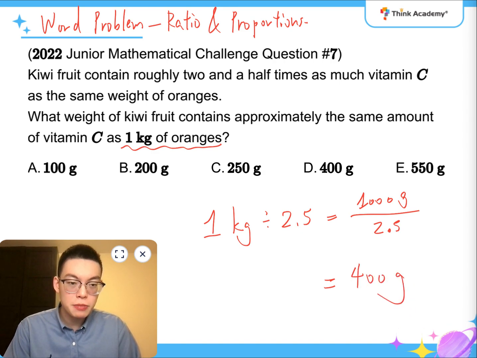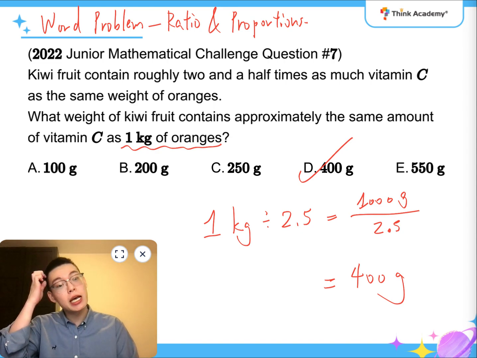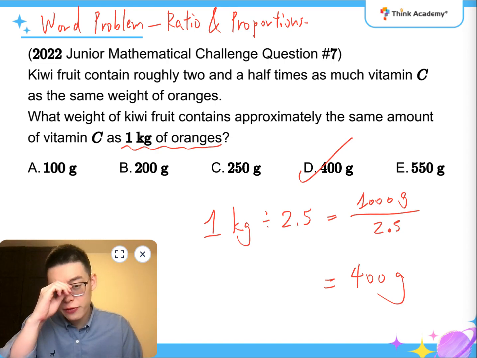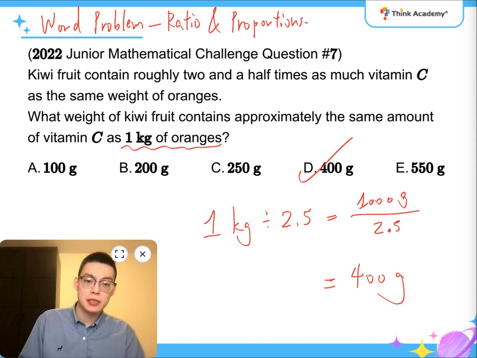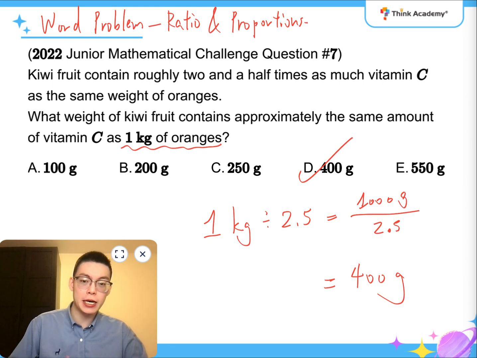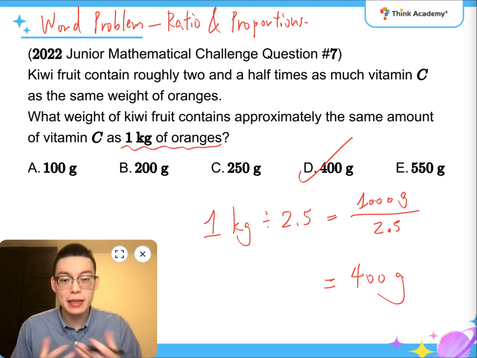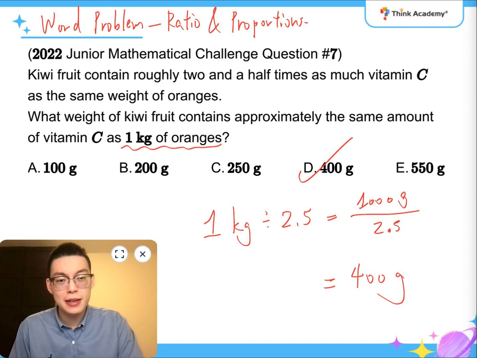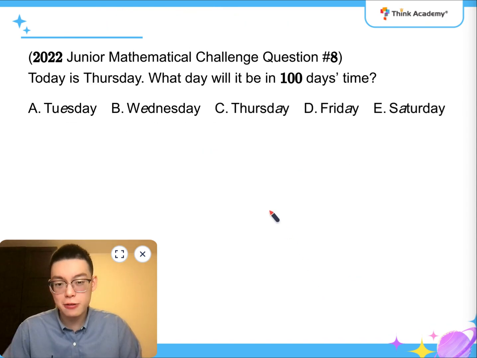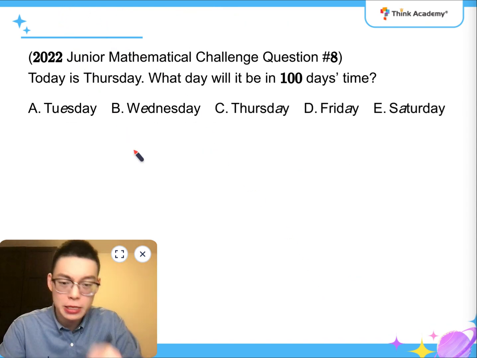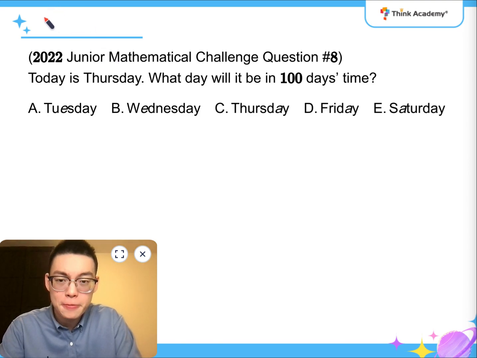And that's going to be 400 grams. 2.5 times 400 is 1,000, because 25 times 4 is 100, right? So if you just play around with the decimals and stuff, you will find the answer easily. That's for question 7. As for question 8, well, a very, very easy and typical date problem.